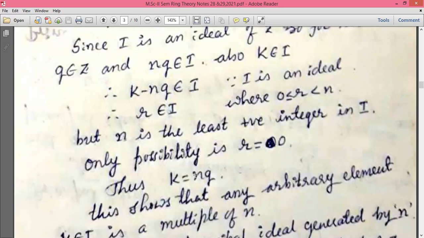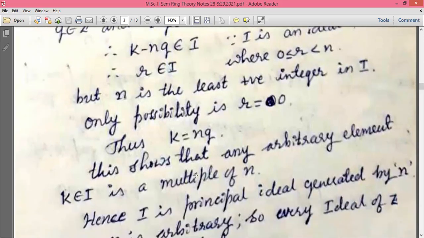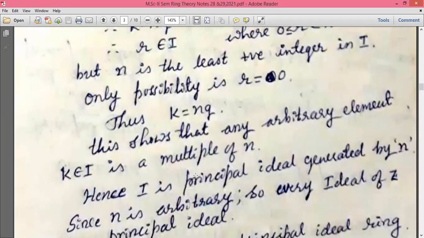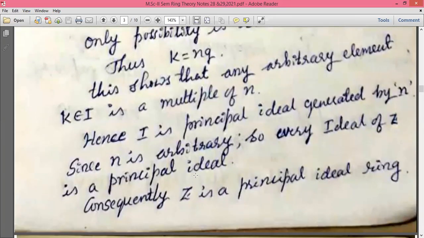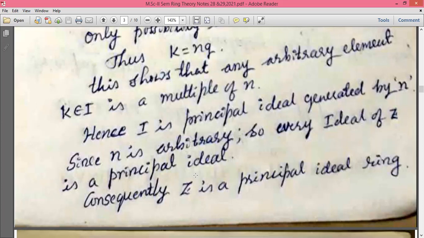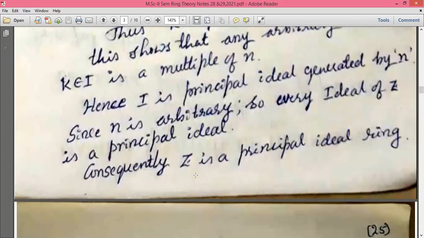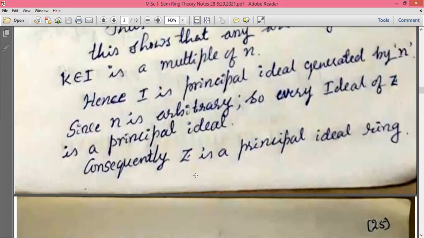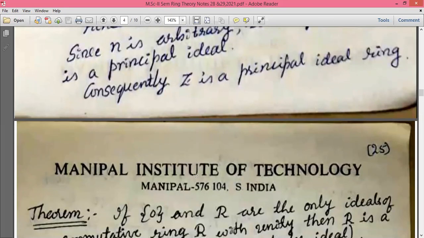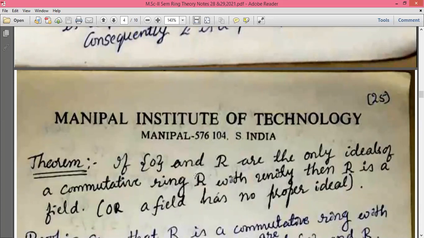But n is the least positive integer in I, so the only possibility is that the remainder r is 0. Thus k equals nq. This shows that any arbitrary element k of I is a multiple of n. Hence I is the principal ideal generated by n. Since n is arbitrary, every ideal of Z is a principal ideal. Consequently, Z is a principal ideal ring, because it satisfies the principal ideal definition.